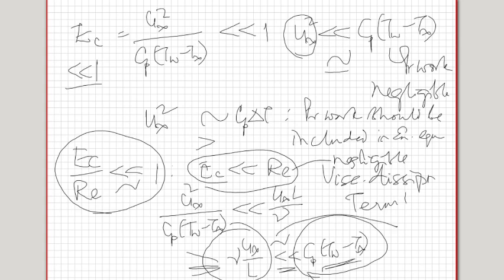And when it is of the order of 1, then it should be included. Okay. So when this term is significant, then the viscous dissipation term should be included. So if Ec by Re is of the order of 1 or greater, then the viscous dissipation term should be included in the energy equation, otherwise it can be dropped.